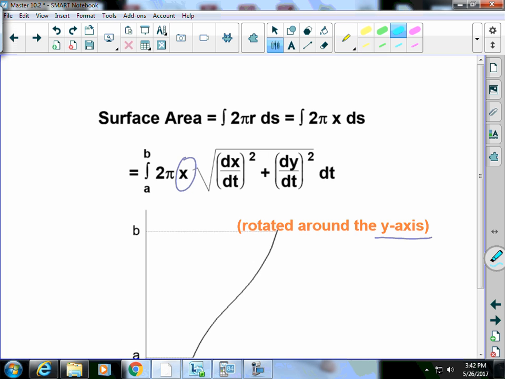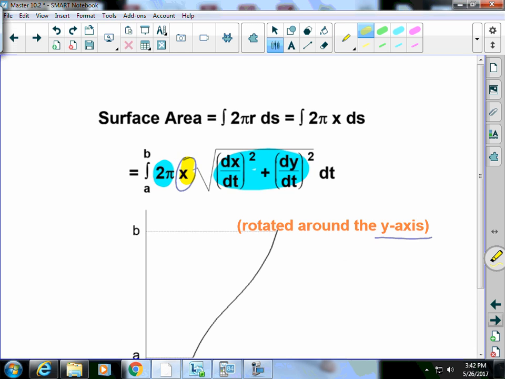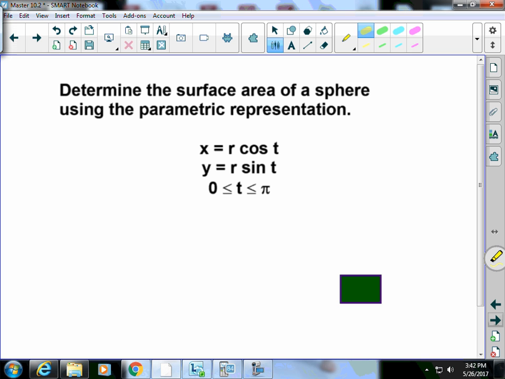Everything else didn't change from the previous slide, because that's still 2 pi, and that's still dx dt squared. So all you've got to clue in on is I get a y because it's an x-axis, and an x because it's a y-axis. If I can keep that straight, it'll make my life a lot easier.